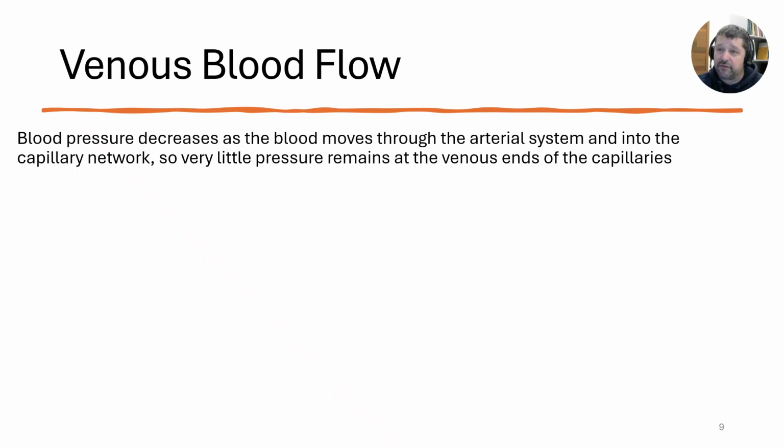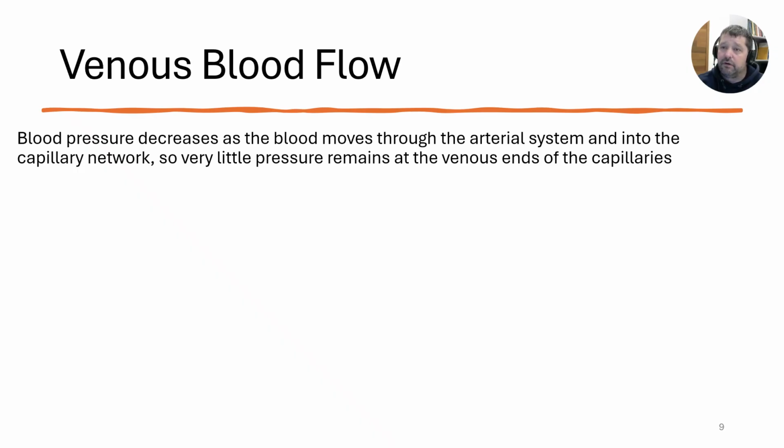But after that, that pressure is not enough in many regions of the body to get the blood back to the heart. So there's very little pressure that remains at the venous end of the capillaries.